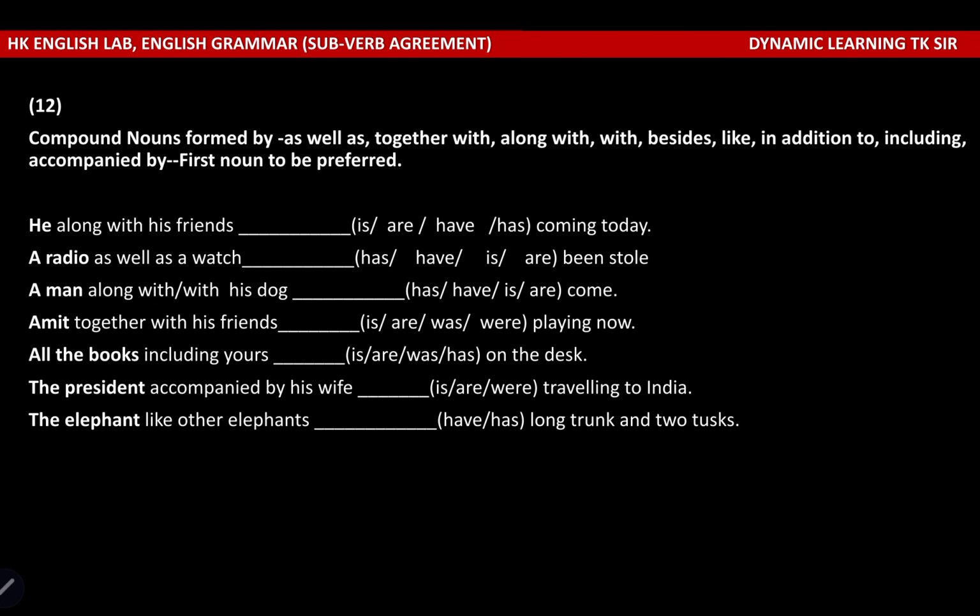Next. Compound noun. I have told you what a compound noun is. When two or more nouns are connected by any connectors, that is called a compound noun.